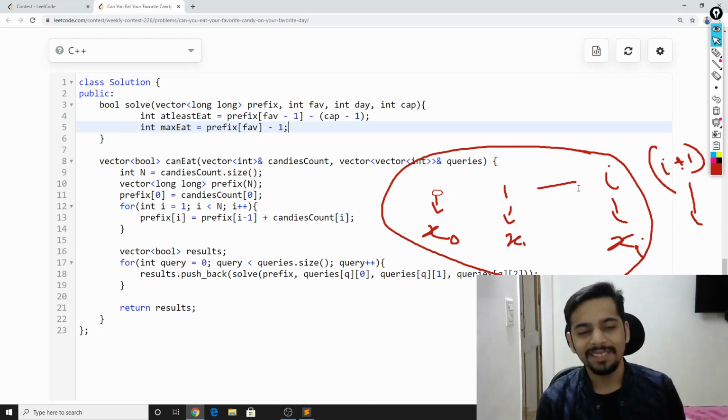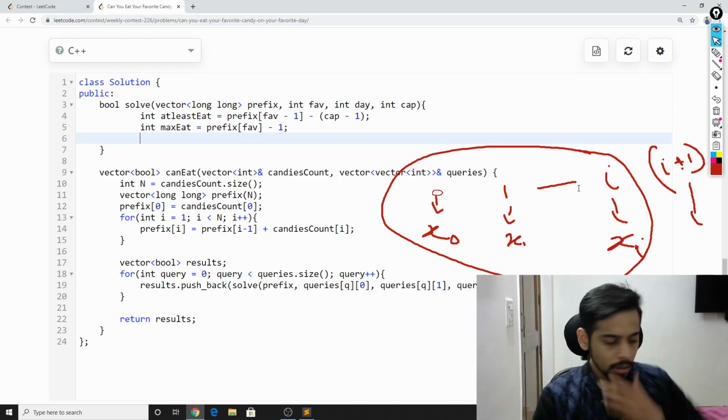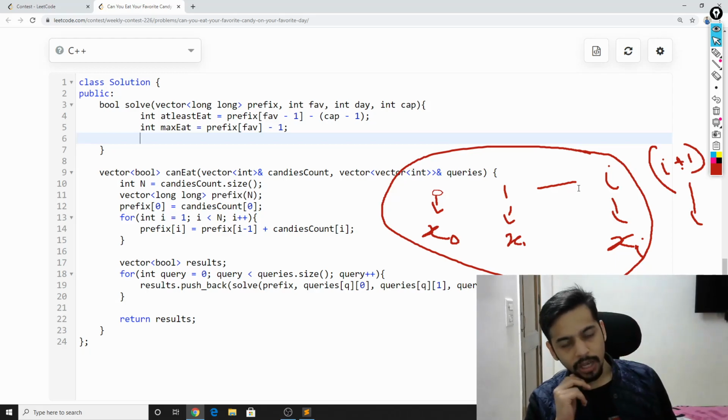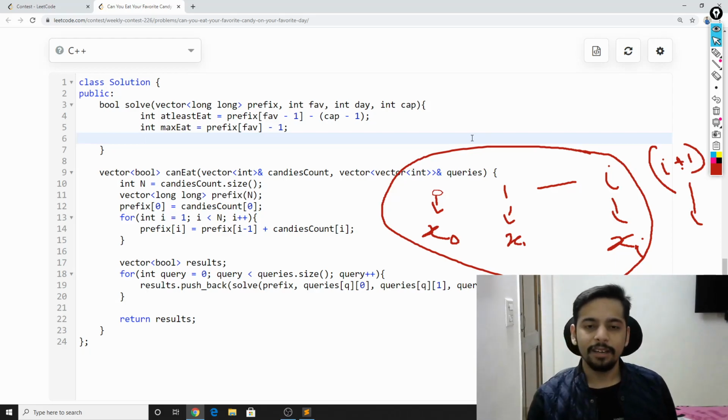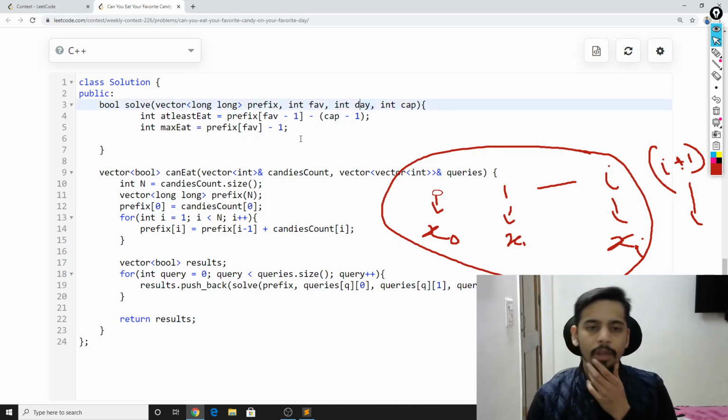You should leave one chocolate of that type for the desired day, otherwise you lose, right? So this is the least you can eat, and the max that you can eat. Now I know the lowest I can go and the maximum that I can go when it comes to eating chocolate starting from day zero till the day before this day.